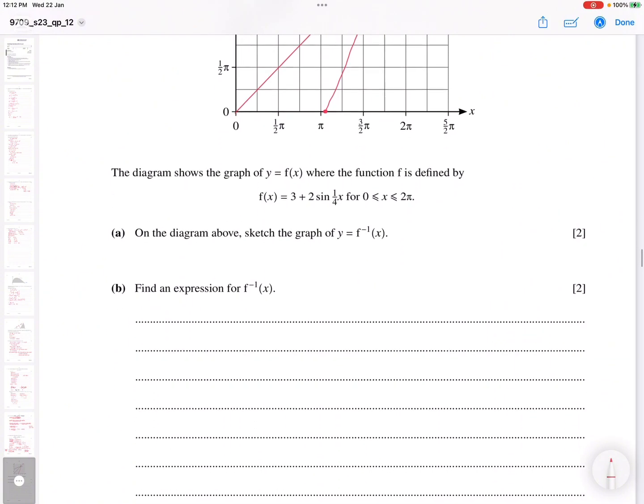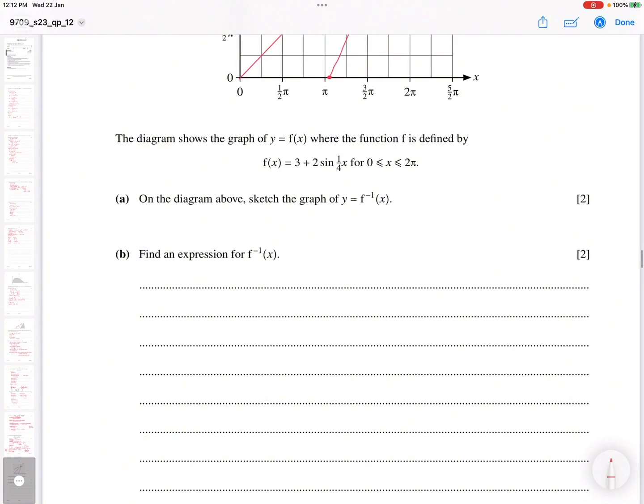Find an expression for f inverse of x. So let y is equal to f of x. Now write the equation with y. Y equals 3 plus 2 sine 1 over 4x.